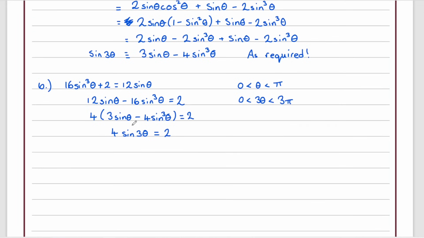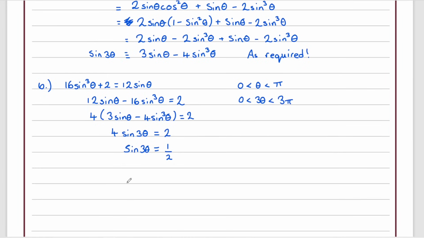So the first thing I'm going to do to solve this trig equation is divide both sides by 4. So I get sine 3 theta is equal to 2 over 4, which is the same as a half. And now that we've isolated the trigonometric function, I can take sine inverse of both sides.